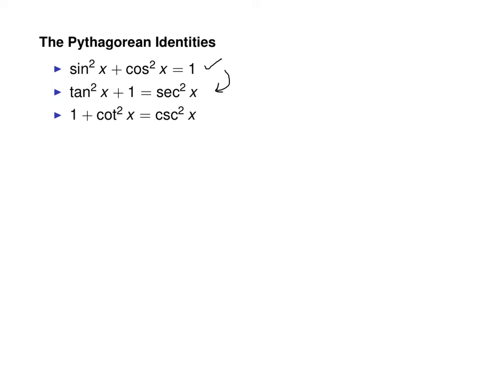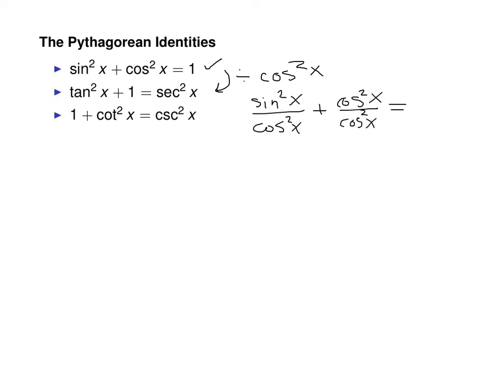If you take the first identity and divide everything by cosine squared x, that gives you sine squared x over cosine squared x plus cosine squared x over cosine squared x equals 1 over cosine squared x. Sine squared over cosine squared is tangent squared, plus 1 equals 1 over cosine squared x, which is secant squared x.